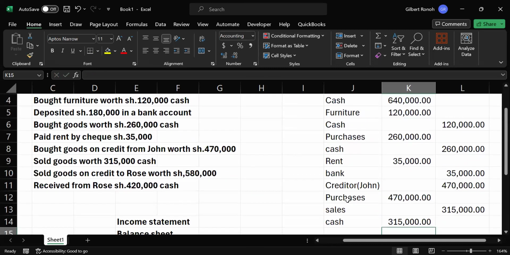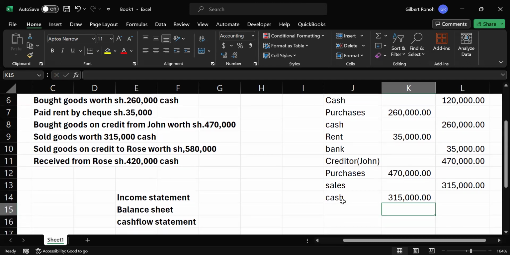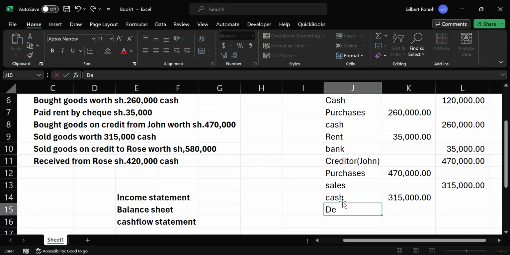Once you receive that, we go to the next transaction. Sold goods on credit to Rose worth 580,000. So Rose in this case is the debtor. Another name for debtor is account receivable. So we have a debtor here who is a customer, but you sold goods on credit.